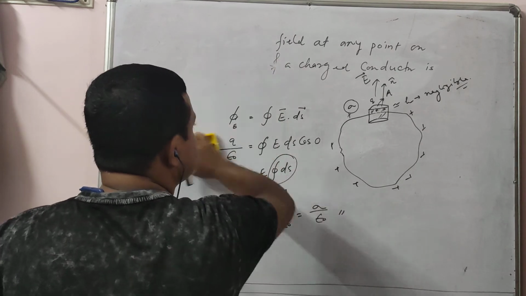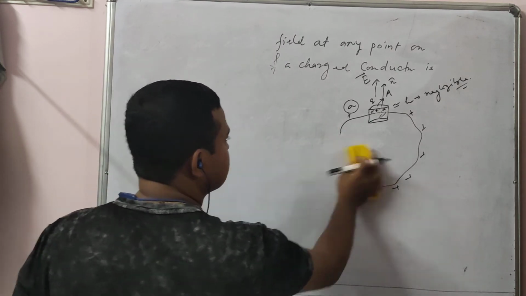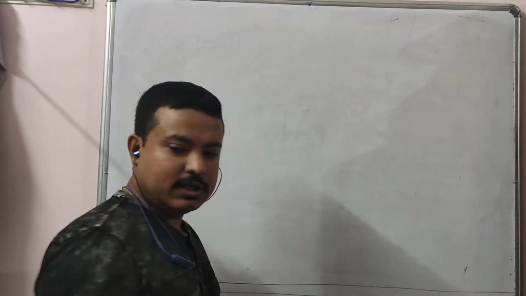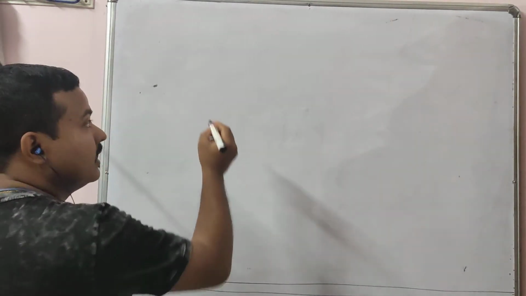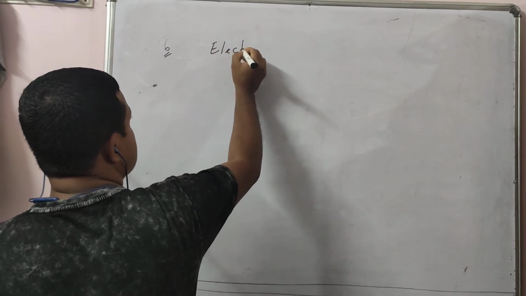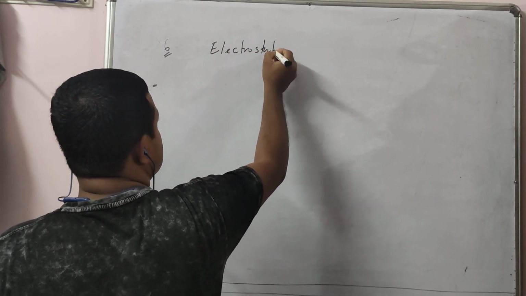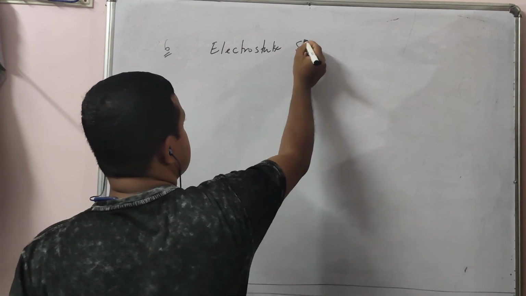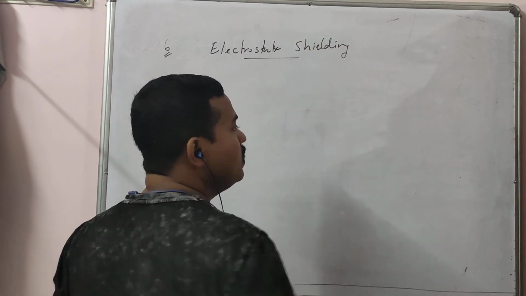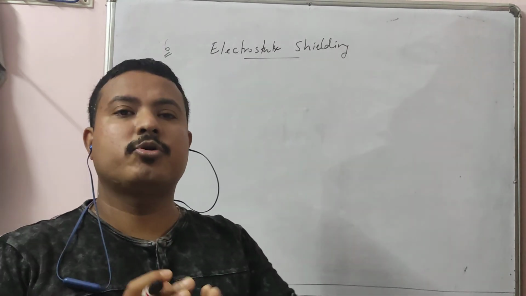Now move to the last one, that is electrostatic shielding. Now what do you mean by shielding? Shielding means protecting.